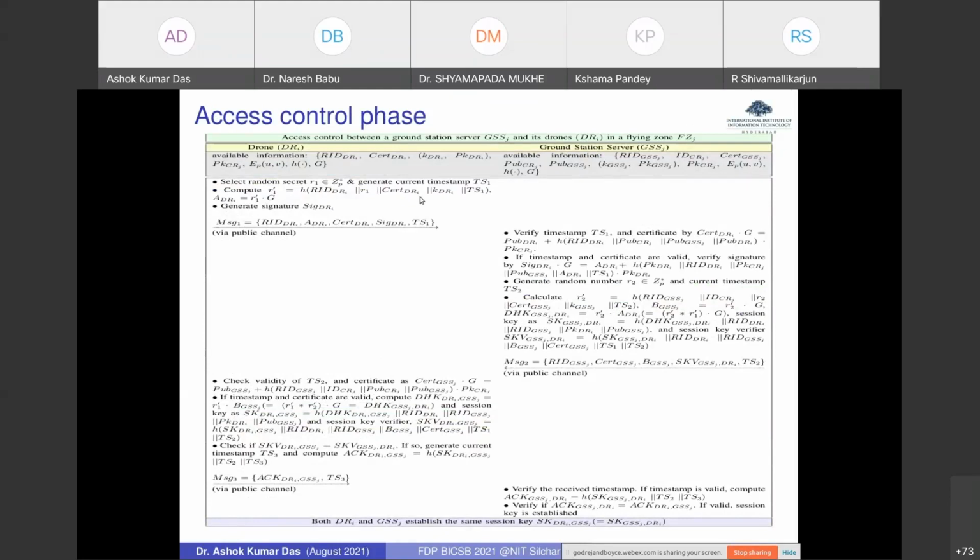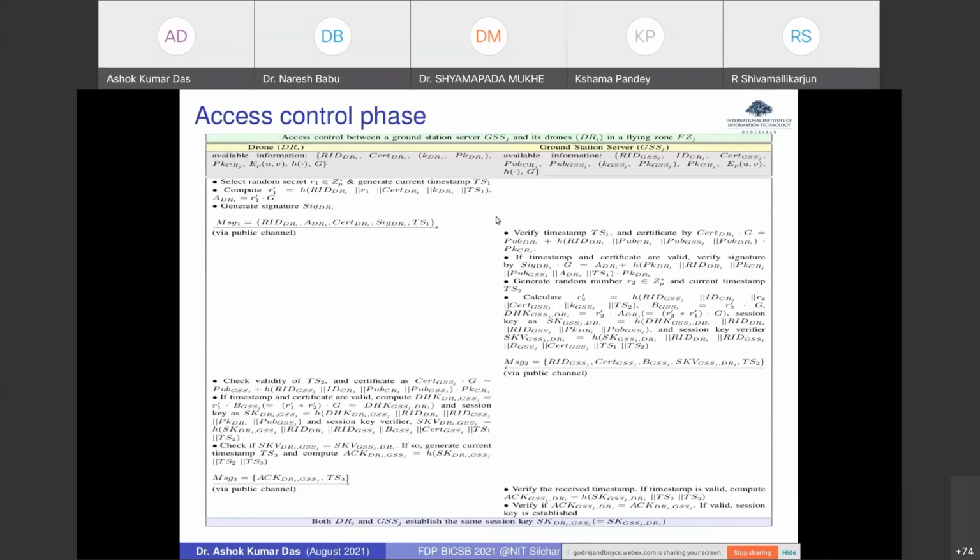It will generate a current timestamp, then it will compute a hash value, then a public key of this hash value R1 prime. It will generate a signature on that R1 prime. Then it will send a message consisting of the pseudo identity of the drone, that public key, the certificate which was provided by the control room, the signature on that R1 prime, and the timestamp.